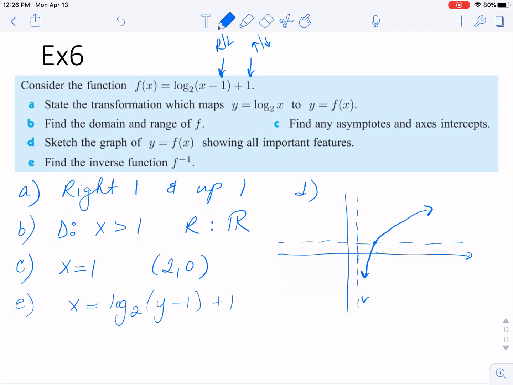I'm going to get the y by itself, so I'm going to do x minus 1 equals log base 2 of y minus 1. Change it into an exponential. 2 to the x minus 1 is equal to y minus 1. Add your 1 to both sides. Y is equal to 2 to the x minus 1 plus 1. So it's moved right 1 and up 1 as well. And that's what it would look like.